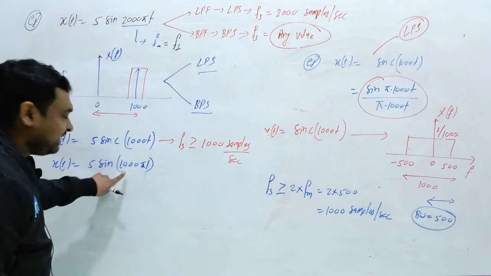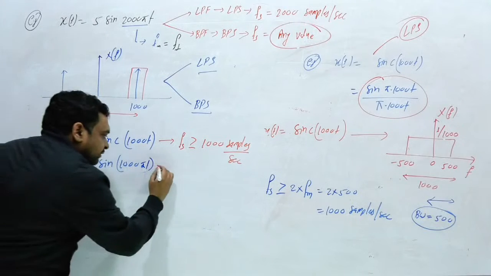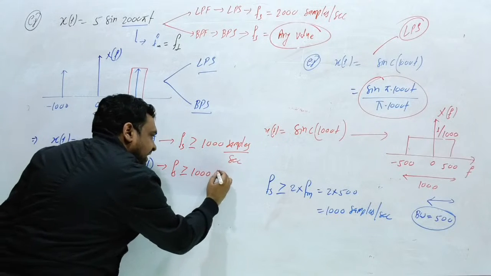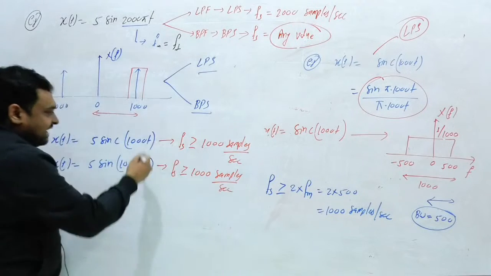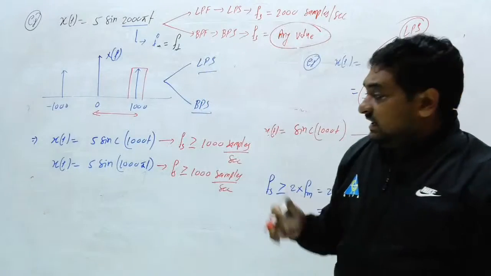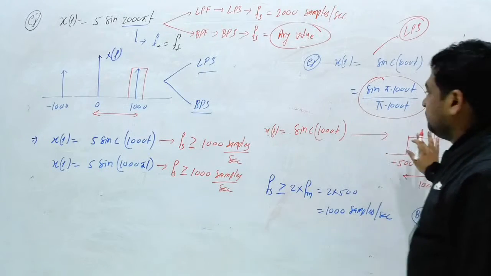But here what can be the answer? Sin 2 pi, here frequency is 500. So again here the answer is Fs greater than or equal to 1000 samples per second. So generally both answers are the same, sinc and sin, but you have to concentrate. Don't directly remember sinc is different, sin is different. How you can solve?